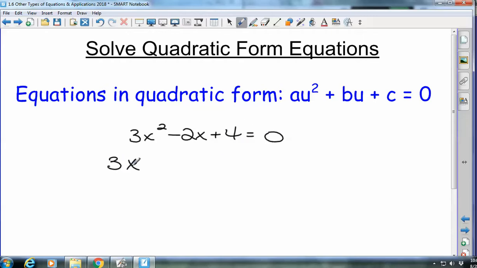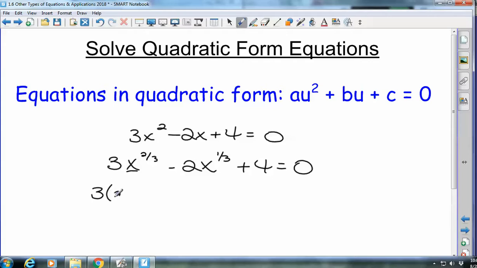But I may see something like 3x to the 2/3 minus 2x to the 1/3. This is still like a quadratic. I have a constant. I have x to the 1/3. If you square x to the 1/3, you get x to the 2/3. So this first variable is the square of the second one.